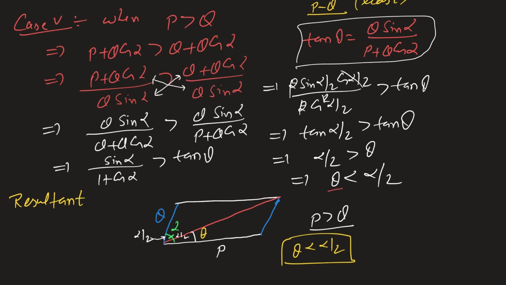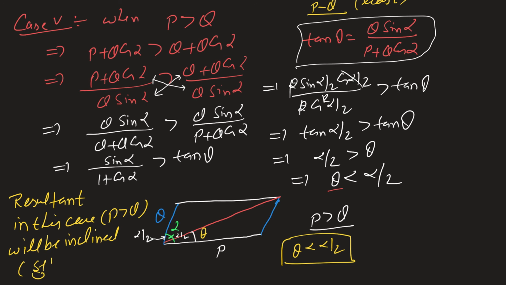The resultant in this case, when P is greater than Q, will be inclined, means झुकना, inclined more towards the greater force P. This is inclined, ये झुका हुआ है P की तरफ, so theta is less than alpha by 2.